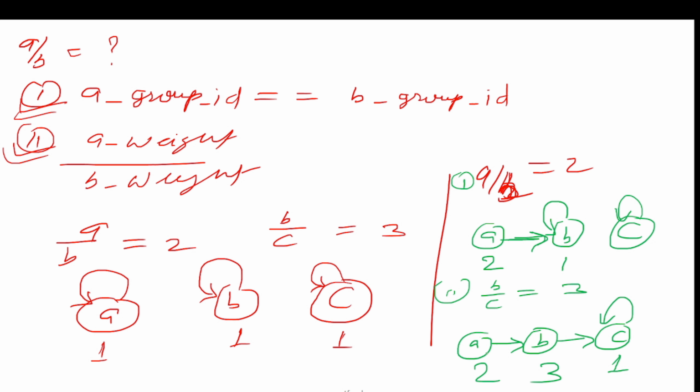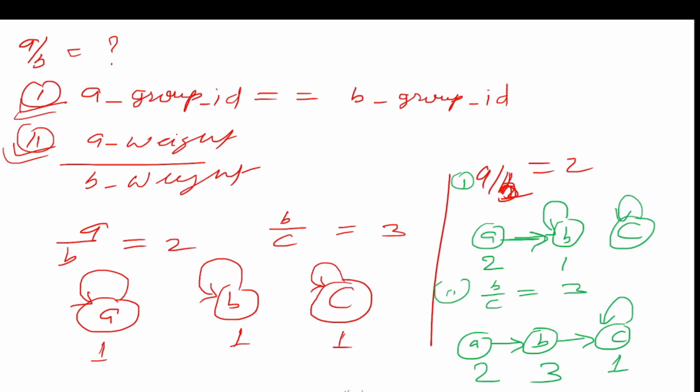The group ID of the variable a should be c, and the weight of the variable a should be 6 rather than 2. It is showing 2, so it should be 6. Indeed, these inconsistencies are expected.